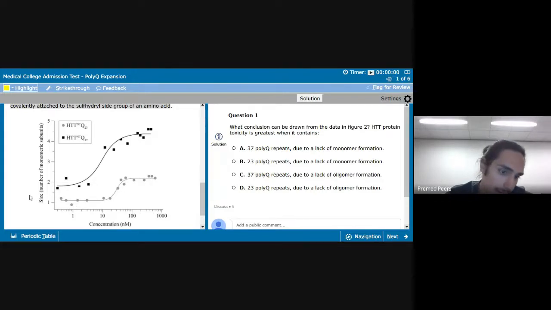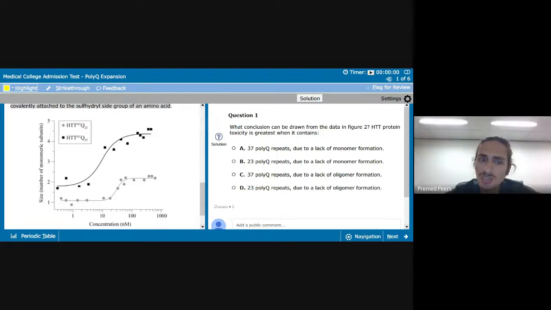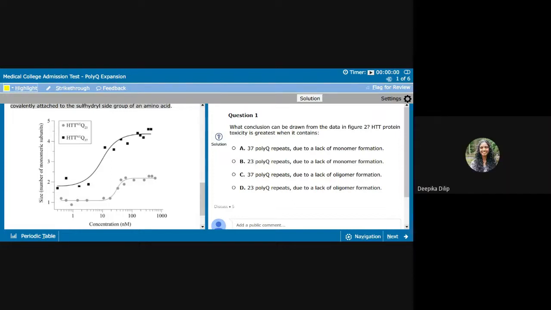What is the y-axis? They're measuring the size of the protein, or the number of monomeric subunits. Now, could you tell me what you see next? I think these are log curves? Are these log transformed? I don't think so at this point. It looks like they're increasing the concentration of the glutamine repeats, and based on that you get a number of monomeric subunits.